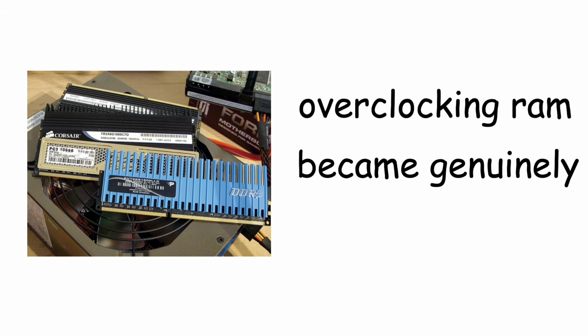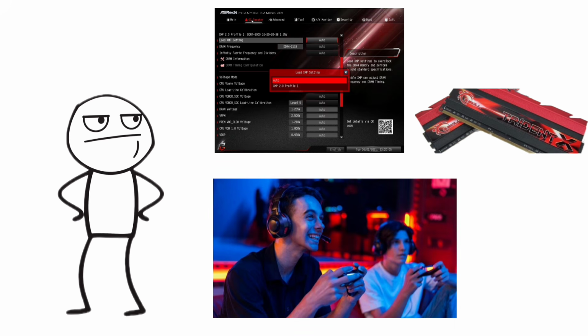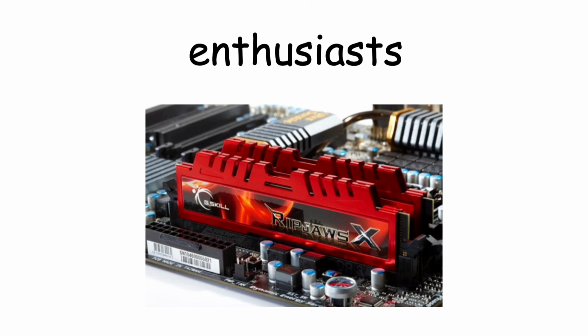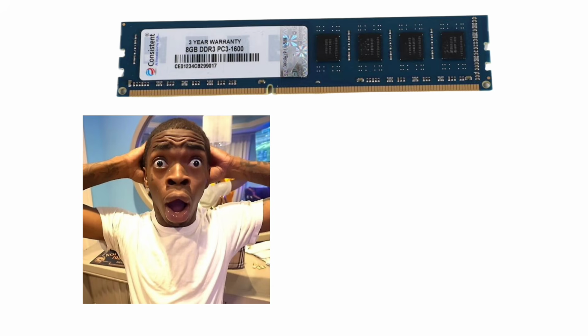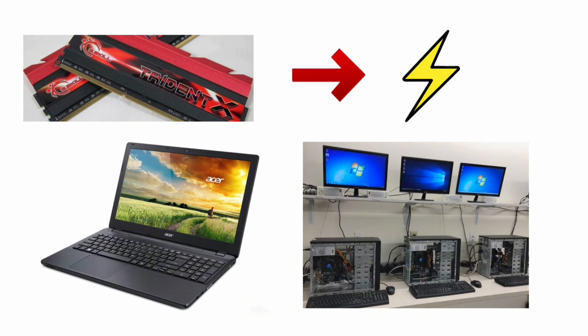This is also the generation where overclocking RAM became genuinely mainstream. You started seeing XMP profiles, high-frequency kits marketed to gamers, and enthusiasts pushing their sticks well beyond stock speeds. DDR3 also stayed relevant for a surprisingly long time. It powered everything from budget laptops to high-end workstations for nearly a decade.